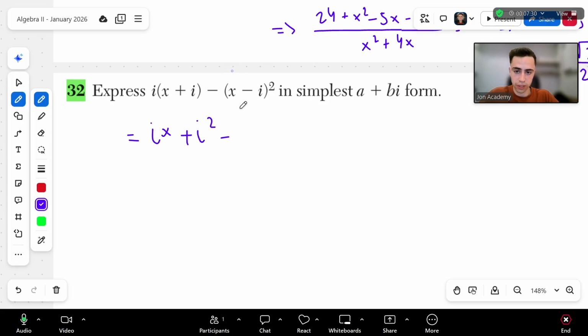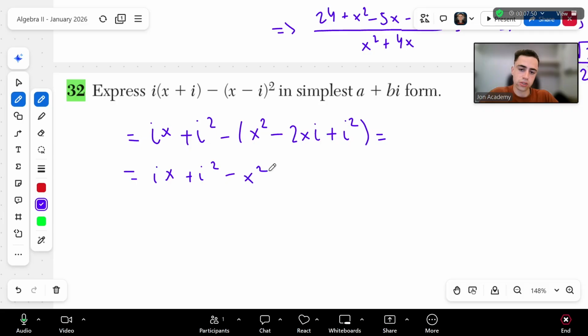So let's start with the exponents. Let's keep the bracket, x squared minus 2xi, and then plus i squared. And now we have to distribute the minus, so ix plus i squared minus x squared, minus minus becomes plus 2xi minus i squared.